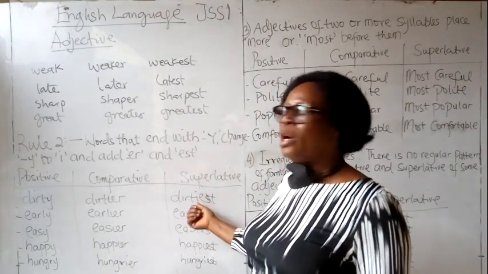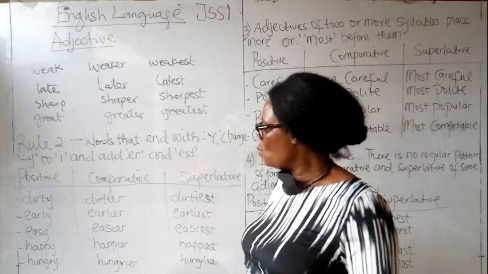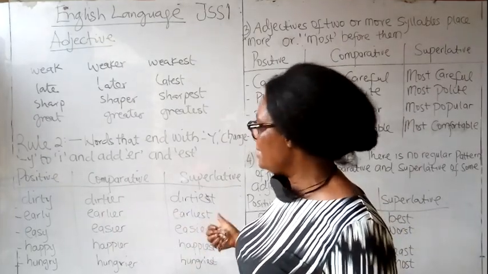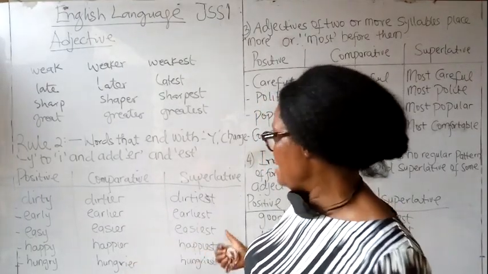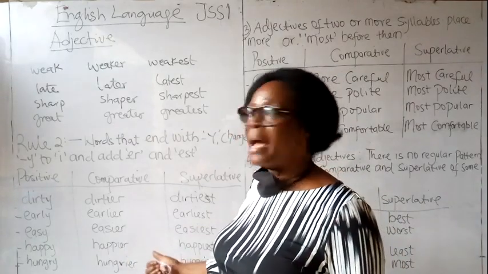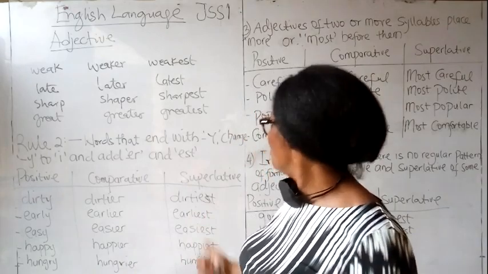And here we'll change it to I before adding EST. So what we get here is what? Dirty, dirtier, dirtiest. Other examples are early, earlier, earliest; easy, easier, easiest; happy, happier, happiest; hungry, hungrier, hungriest.